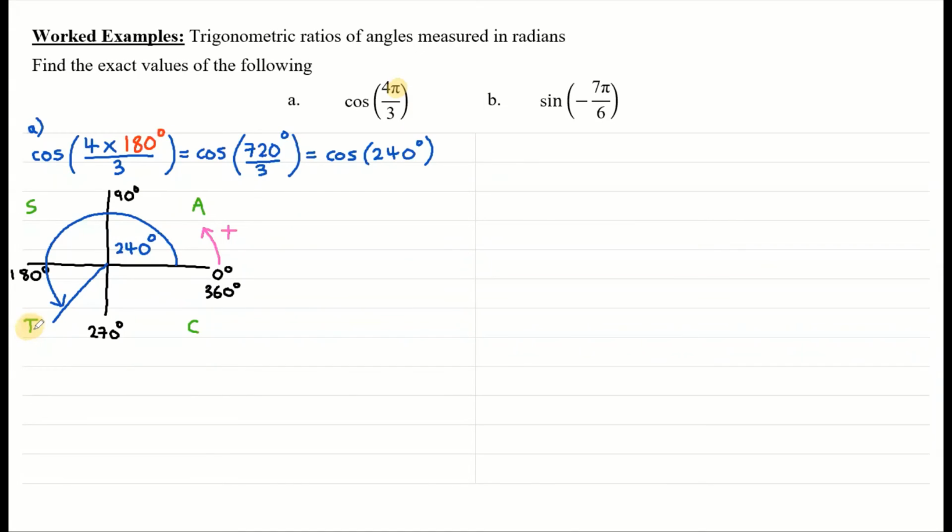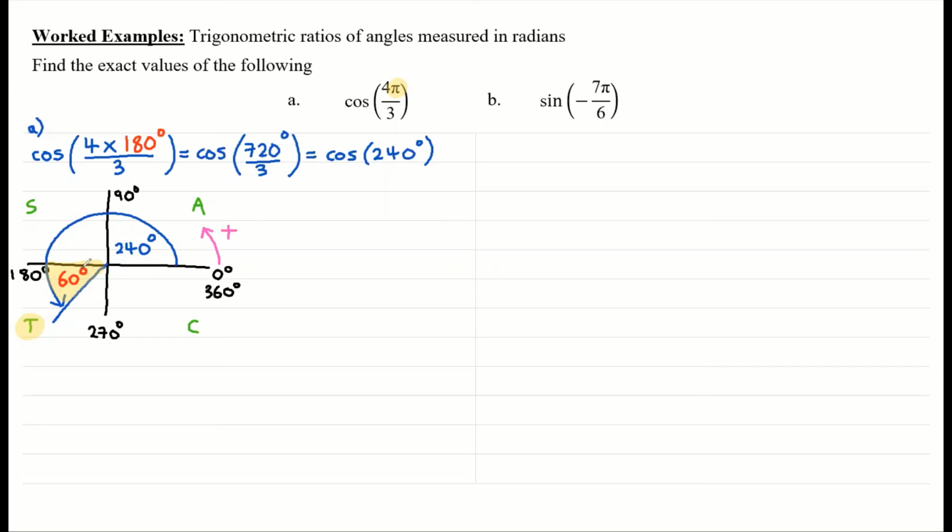Now remember from the previous section, we are interested in the acute angle that this makes with the horizontal, that part there. Well, it's 240 degrees. So the difference between 240 and 180 is, of course, 60. So this is a 60-degree acute angle. This part I've shaded in yellow. This is just 60 degrees.